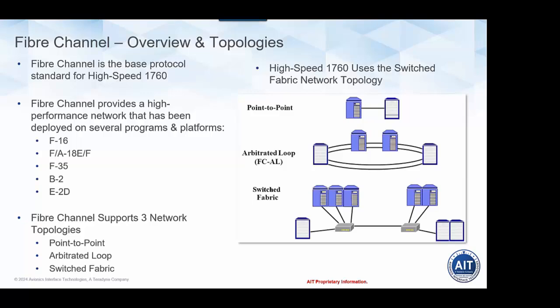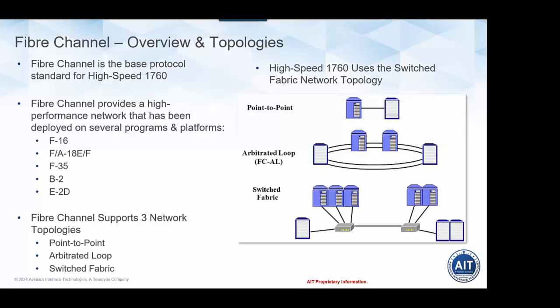In this case, all of the devices that are communicating on the network are connected in a ring network or a loop. And then what's probably the most common that everybody's familiar with is the switched fabric or a switched network, where you have end nodes connected to switches or a network of switches that route data traffic between the end nodes through the switching network.